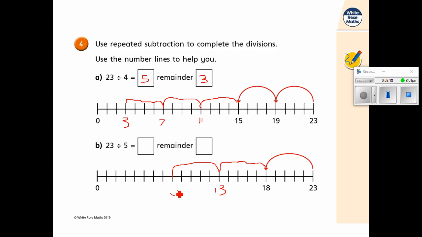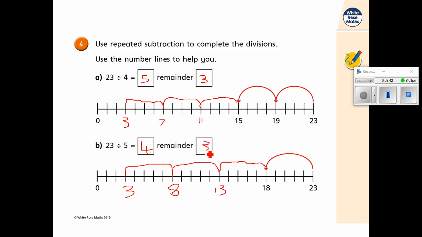So that's 8. And then we can still take more away, so take away another 5. 1, 2, 3, 4, 5, and we land at 3. And as you can see, we can't take away any more. So how many have we taken away? 1, 2, 3, 4. And the remainder is 1, 2, 3.